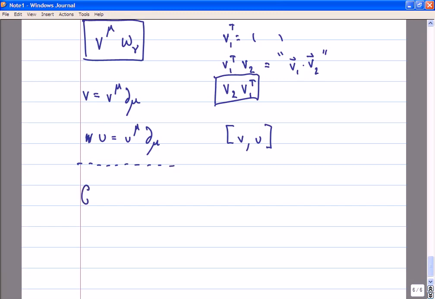So let's imagine that I have a scalar, f, which could be written as f of x mu in the x mu coordinate system. Then we could define this following set of d quantities. We could define the quantities df by dx mu. This is a set of d quantities with a lower mu index, according to our rules.